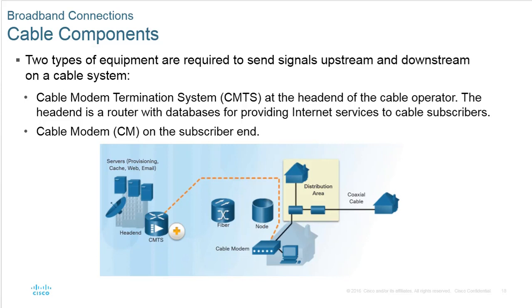We have the cable modem termination system, or the CMTS. Mostly this equipment resides at the provider. And then another component is the cable modem. This is the hardware that resides mostly on the subscriber side. All of these components must work so that the cable system internet connection will work as well.